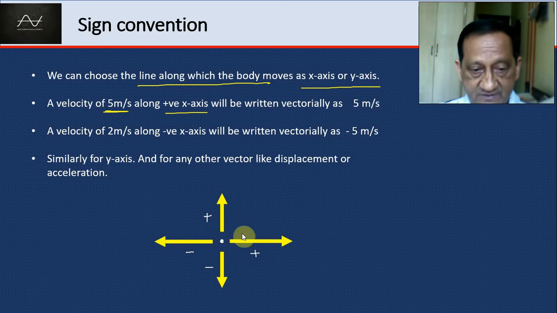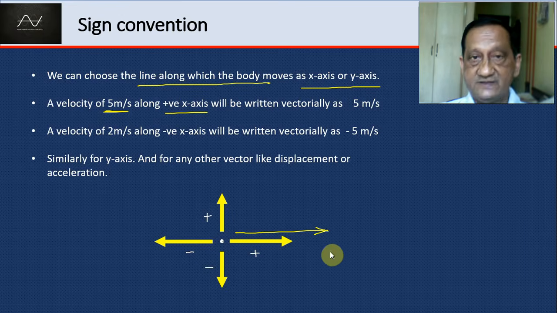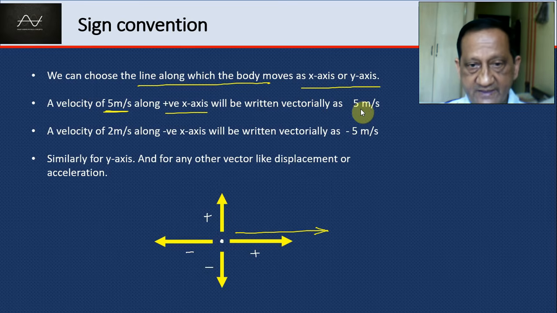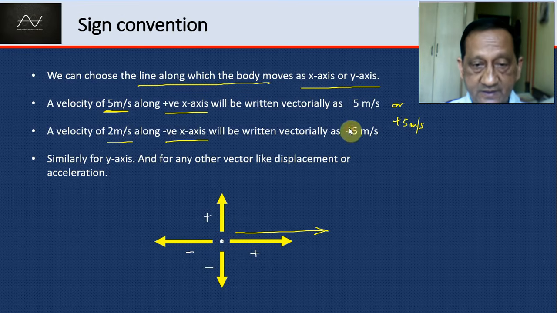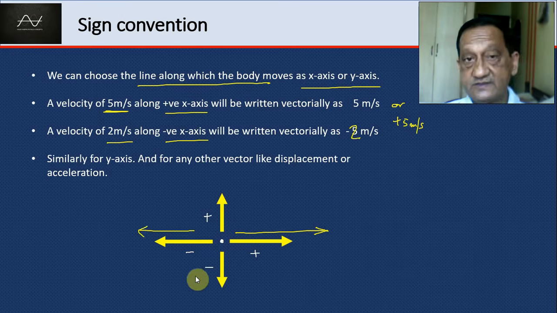That means it will be a vector pointing to the right, and the magnitude of that vector is 5. It will be written vectorially as 5 meters per second or plus 5 meters per second. Plus is understood. A velocity of 2 meters per second along the negative x-axis will be written as minus 2 meters per second if it is going in this direction. That is the sign convention.